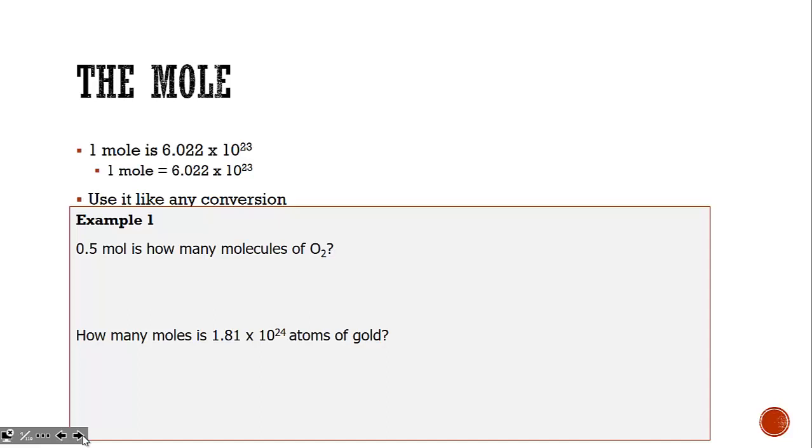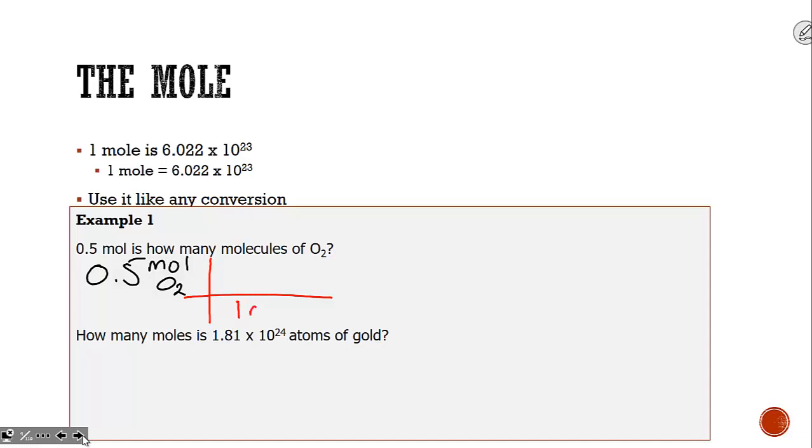So I can convert from moles into molecules, atoms, particles, ionicals, any of those substances. So if I have half a mole of oxygen molecules, I can convert that into molecules using the conversion.